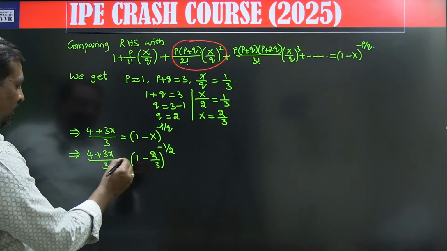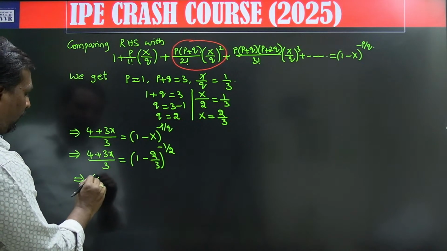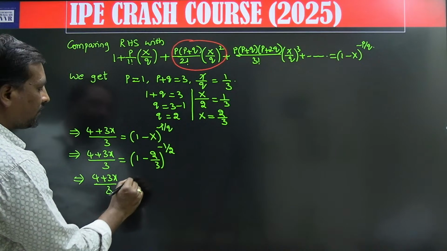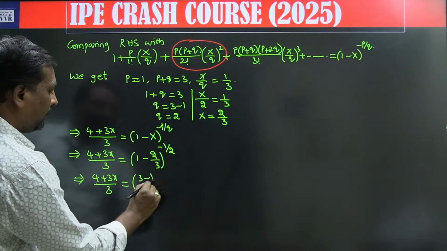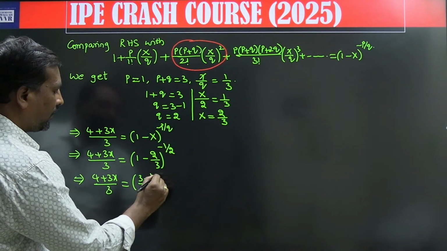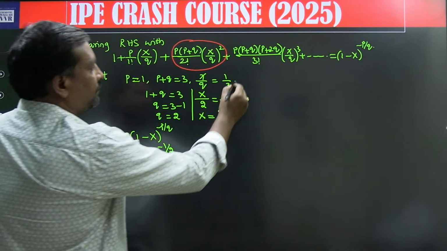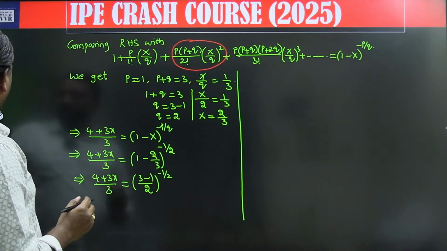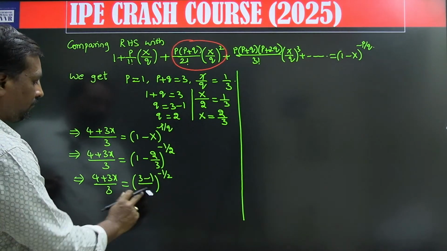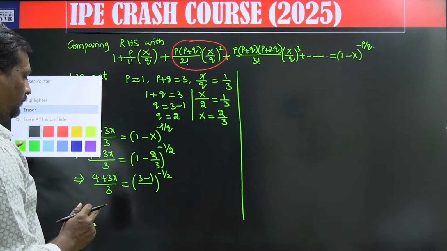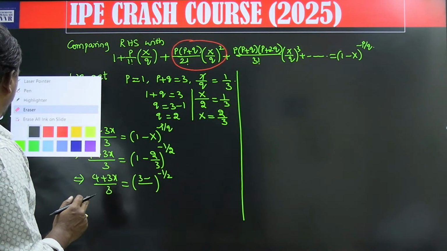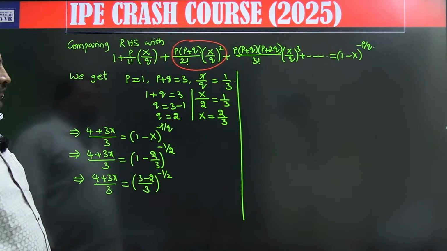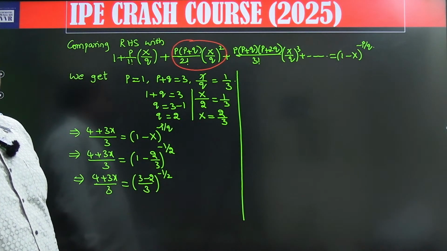Taking the LCM, it is (3 minus 2) by 3 whole to the power of minus 1 by 2.